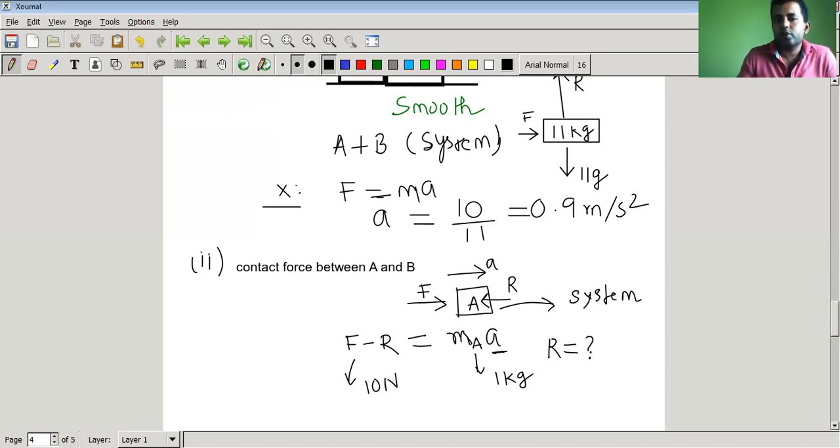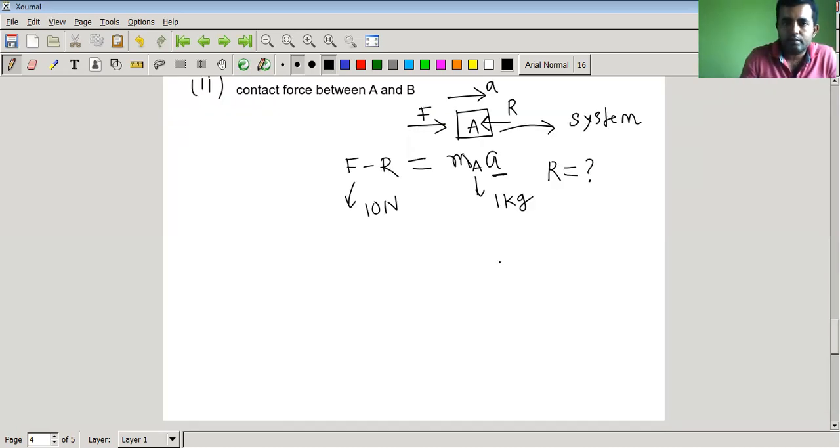Now, if the question also asks what the contact force on B will be, we all know that if I draw B, this is B, and let us say this is A, so let us draw them separately.